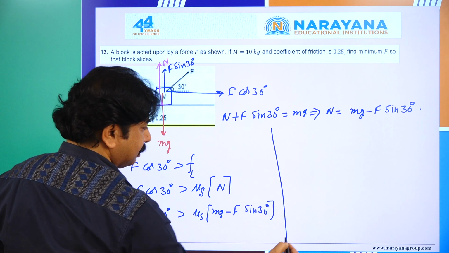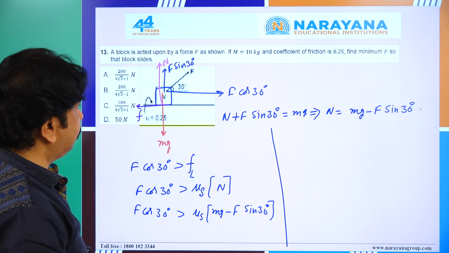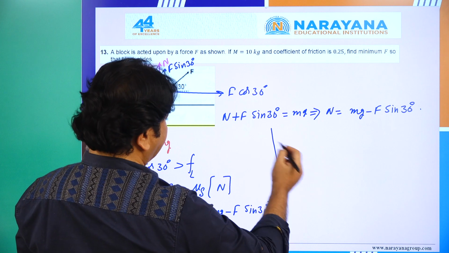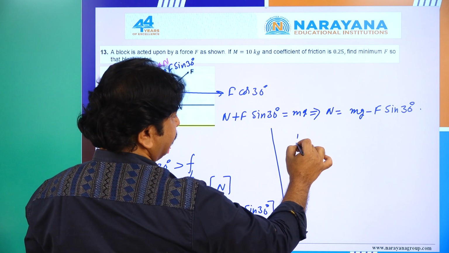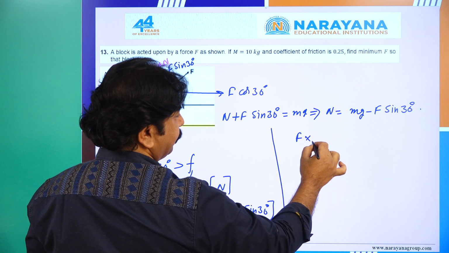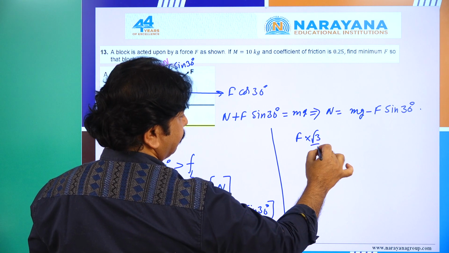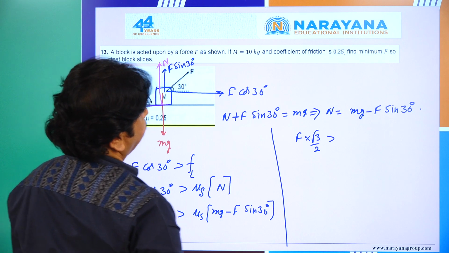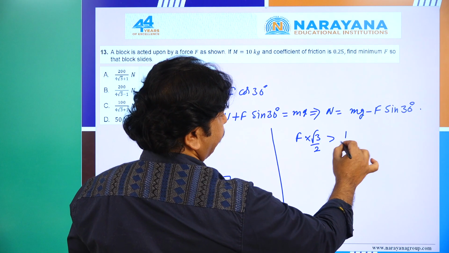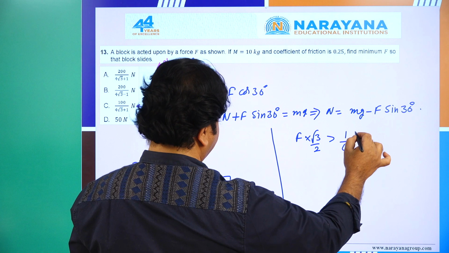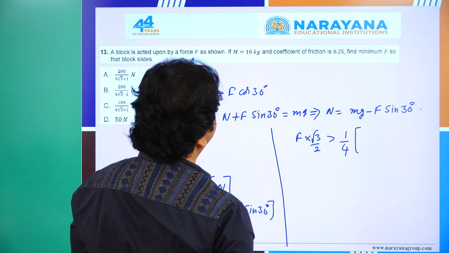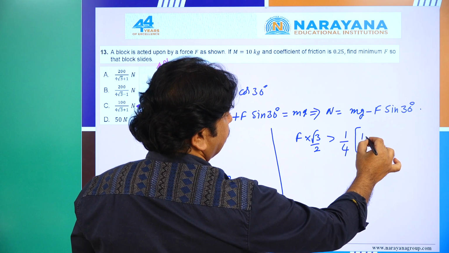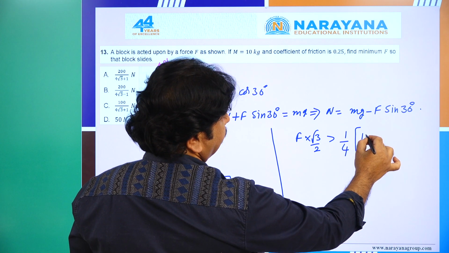Now, what is the cos 30 value? And we have to calculate the F value only. So, F cos 30, already you know, root 3 by 2, should be greater than mu value 0.25, that is nothing but 1 by 4, into mg, 10 into g value we are considering, that is also 10.